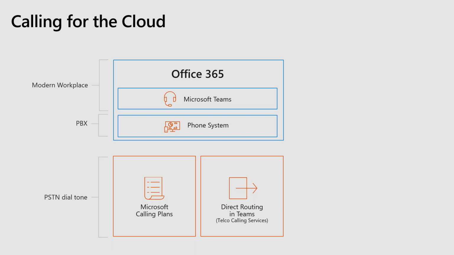And on the other side, you have the direct routing option, where you can reuse your existing carriers and your existing PSTN infrastructure and connect it to Office 365 and Microsoft Teams. So you're not paying Microsoft to deliver phone numbers and calling minutes. It's going to be your existing carrier or maybe a new carrier, depending on how you want to progress there.